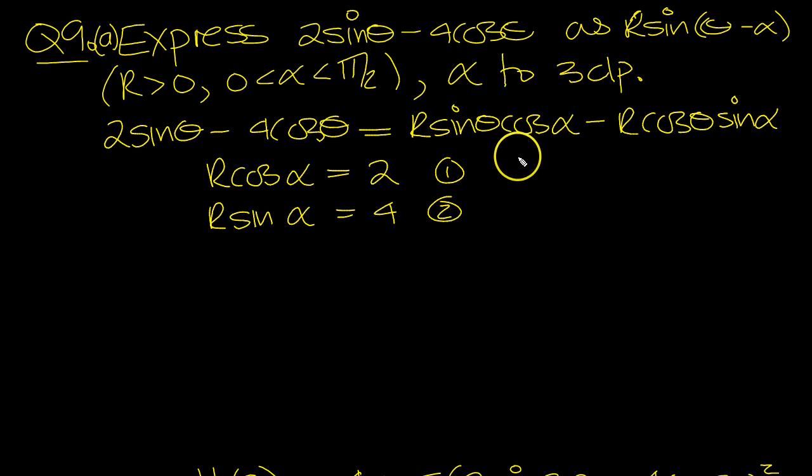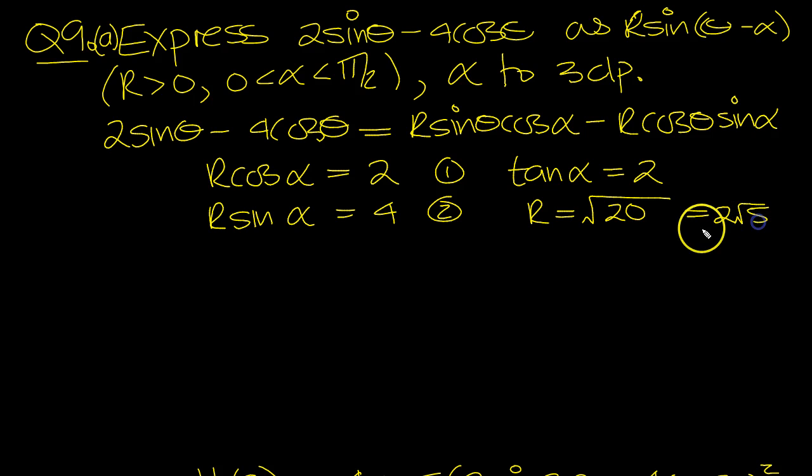So tan alpha is 2 then, we can see that. And r is the square root of the two values squared, isn't it? Standard thing. So square root of 16 plus 4 is 20, which is 2 root 5. So those are the values then.